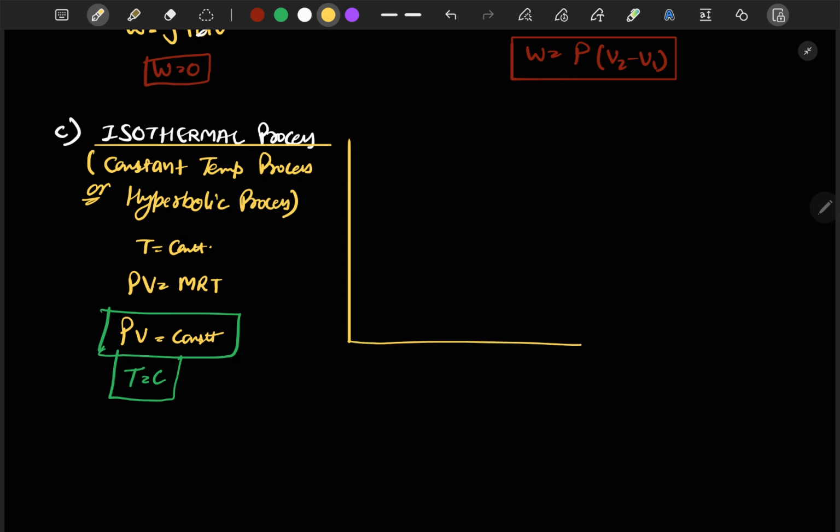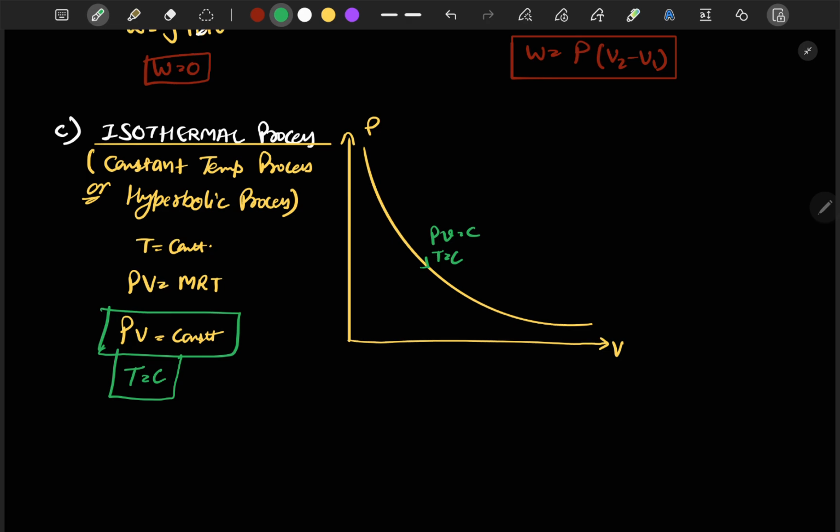If we draw a PV chart for an isothermal process, we can see that since PV is equal to constant is the equation of a rectangular hyperbola, we will get a curve like this. On this curve, temperature is equal to constant, or PV is equal to constant. So this process represents an isothermal process.